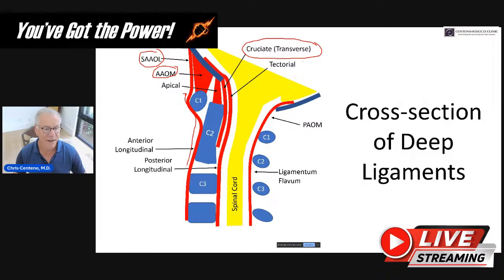And then finally the tectorial membrane up front, which is the deepest ligament that's adhered to the front of the dura there. Now in the back, you'll see as I talk about these next that we have the posterior atlanto-occipital membrane there. We've got a VDL or vertebral dural ligament that lives between C1 and C2. And then we've got this deep ligamentum flavum that's below that, but I'll talk about that in a second.